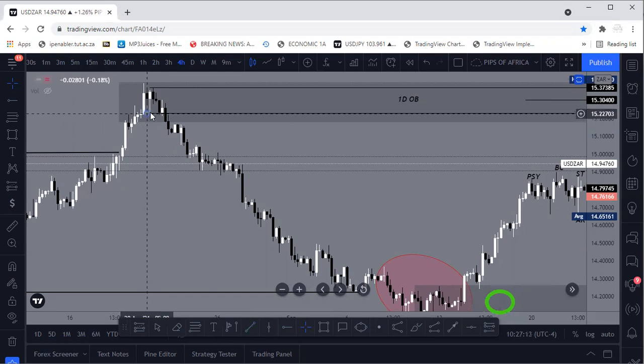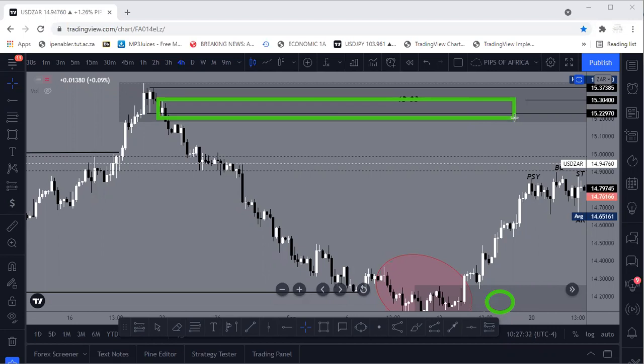At this low, it is corresponding with this order block. Let me show you that. So we have this order block here, which I've marked, which corresponds with this low.